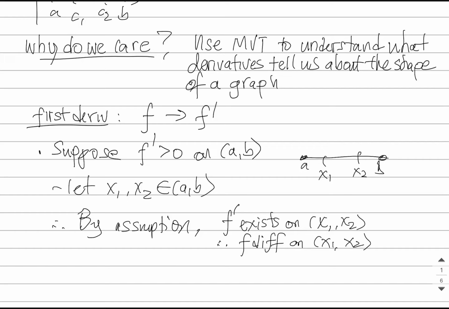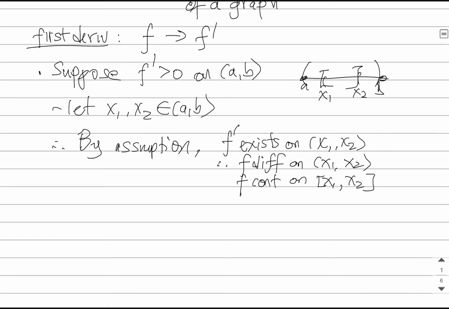So we've got that our function is continuous on any subinterval we want. Because it's going to be continuous on this full open interval, we can take it to be continuous on a closed interval however we'd like. So this will be continuous on the closed interval [x1, x2], and that means that the mean value theorem applies on this interval [x1, x2].